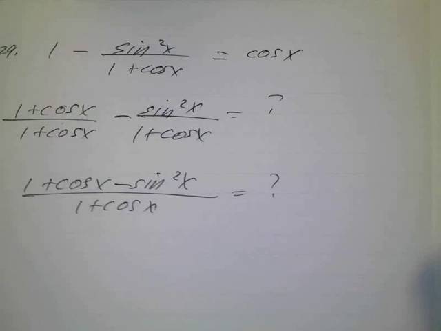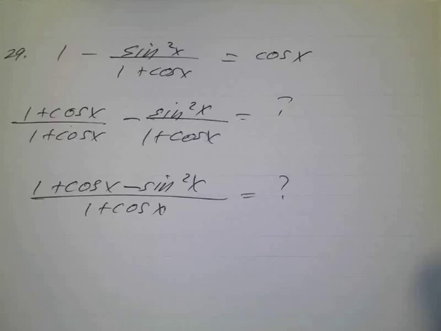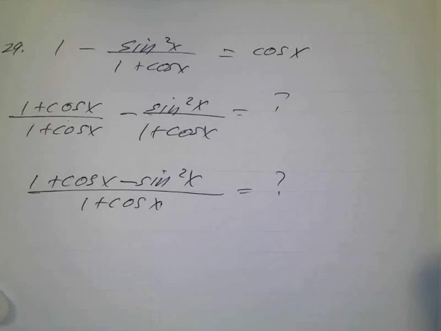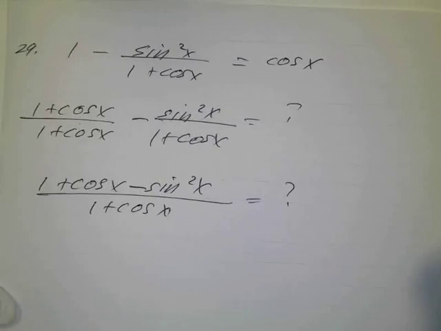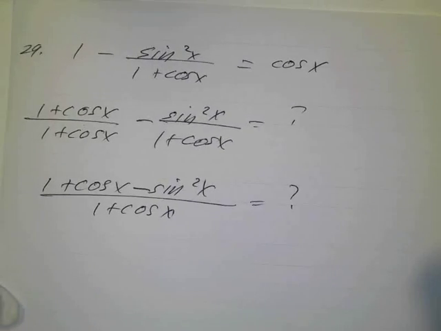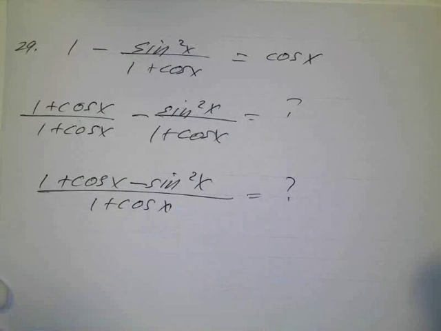Now what can I do? Remember, what is the sine squared equal to? Remember we talked about our Pythagorean identity: the sine squared plus the cosine squared equals 1. So the sine squared equals 1 minus the cosine squared.